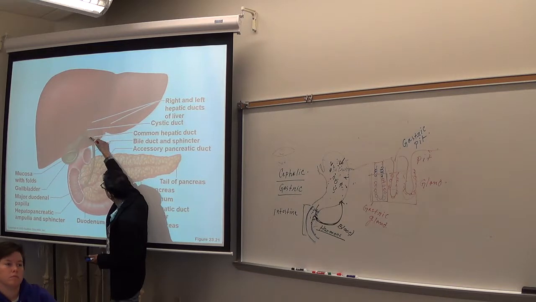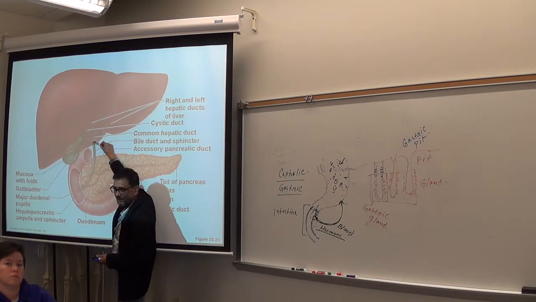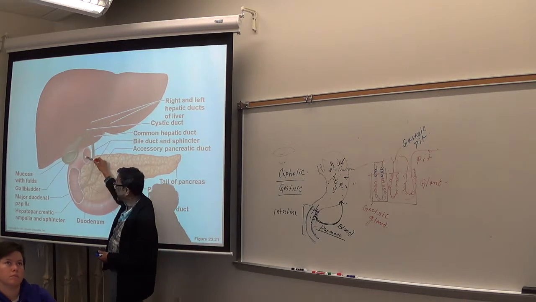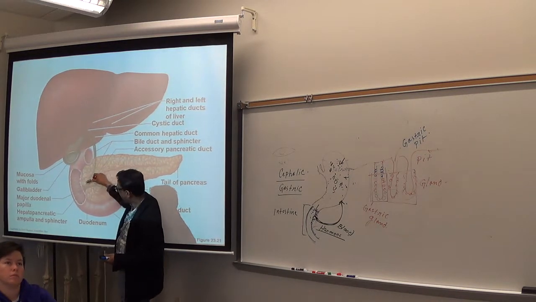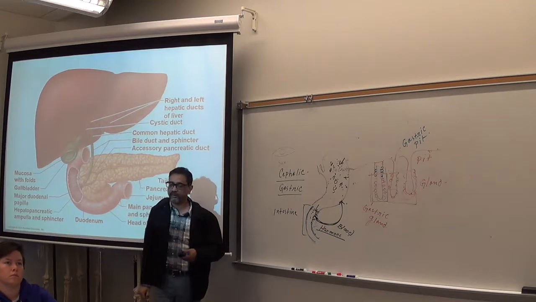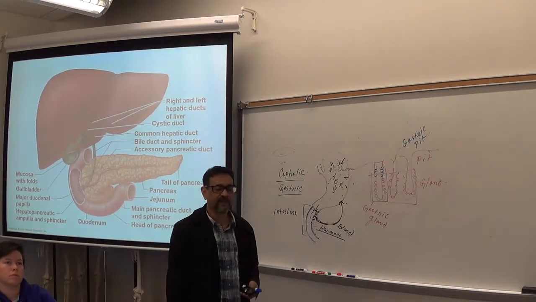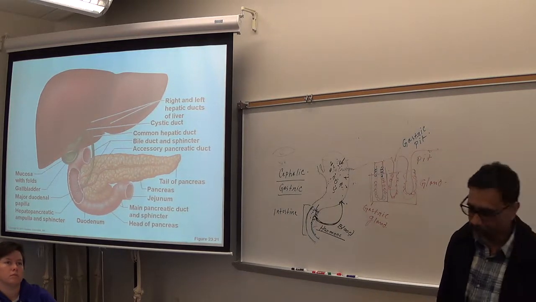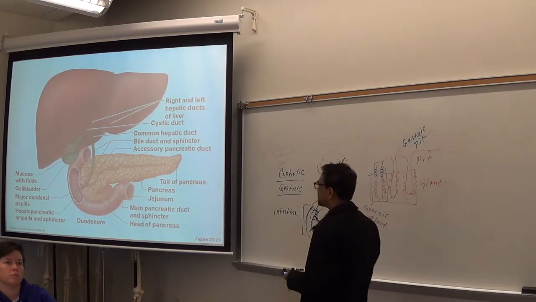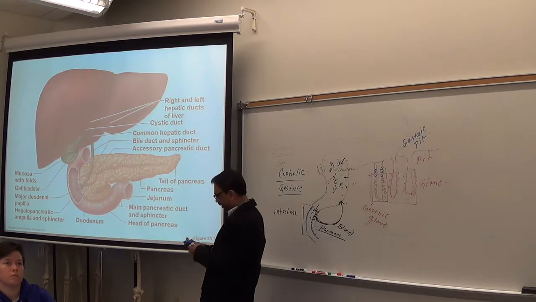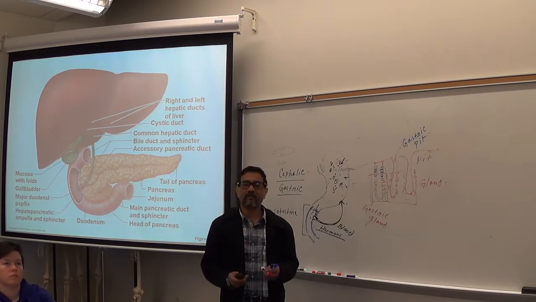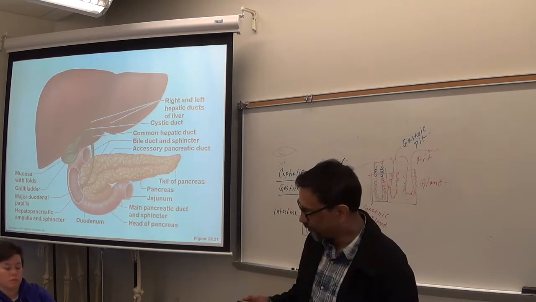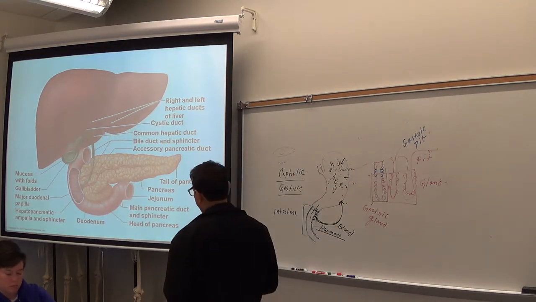Then the cystic duct and common hepatic duct join to form the bile duct, also called common bile duct, same thing. It goes all the way to the hepatopancreatic ampulla and joins with the main pancreatic duct. So that's the passage of bile, or the pathway of bile.